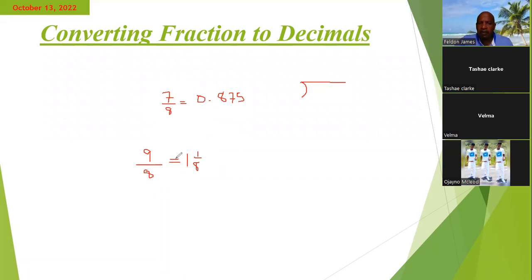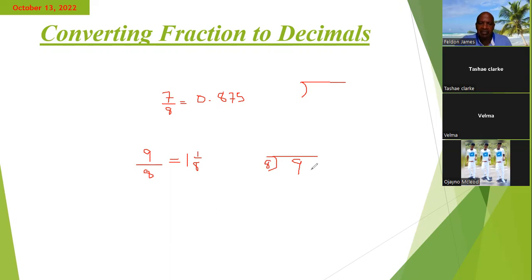So if we were to convert this into decimal, can anybody tell us what we would get? Let us try to convert this into decimal. We would have the division bar. Inside here, we would put the numerator under the bar, which is 9, and then we put the denominator outside.